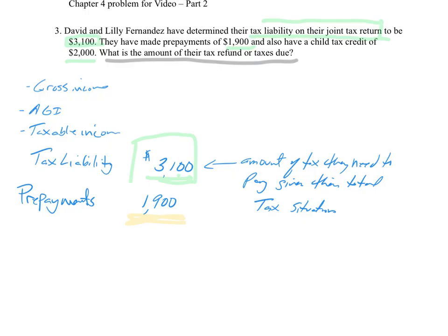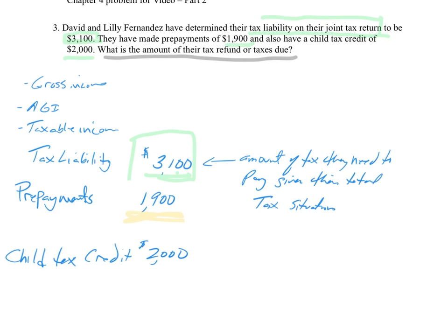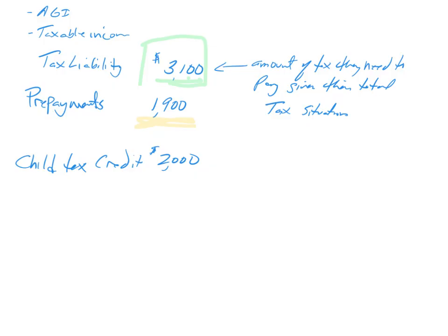And then we're also told that they have a child tax credit of $2,000, okay? So that is what we know, all right? So based on all of that, let's figure out whether they owe taxes at the end of the year or whether they get a refund.